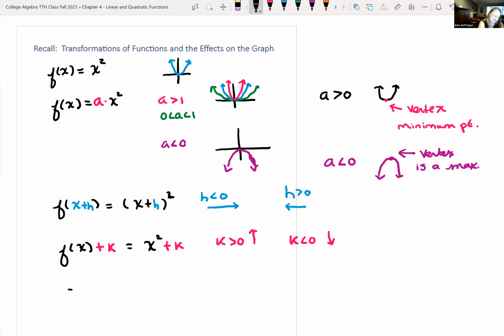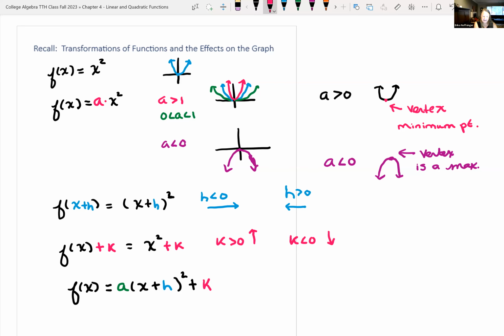So notice that if we had an equation written in the form a times the quantity x plus h squared plus k, that a value in front of the quantity squared is telling me how wide the parabola is going to be, and whether it is facing up or facing downwards.